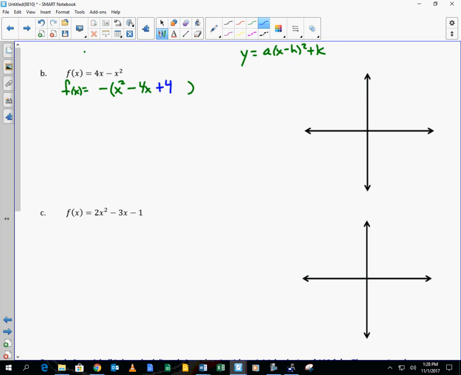We subtracted 4. So therefore, we will add 4 to that same side. Now, if you are not convinced by that, convince yourself. If I were to distribute the negative through, I would get a negative x squared plus 4x minus 4 plus 4. Those would go away, and I would have the same expression as above, right?